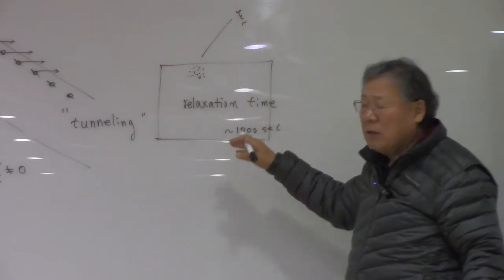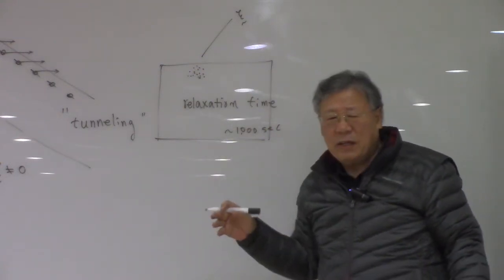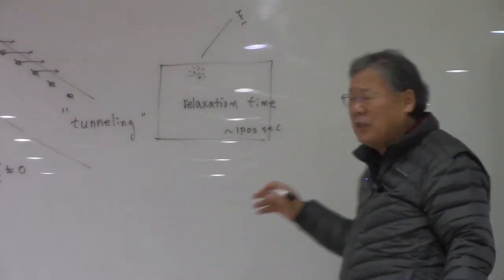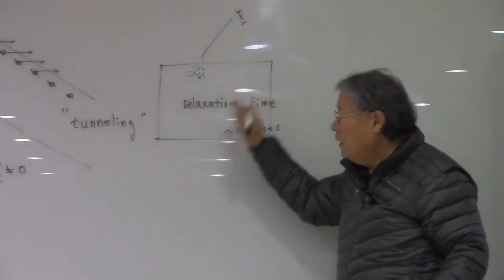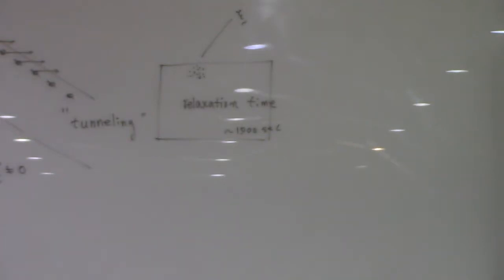If it is a metal, then the relaxation time is 10 to the minus 5 or 10 to the minus 6 seconds, something like that. So you cannot localize the charges in metals. But if it is a semiconductor or insulator, then this way you can create new electrons.